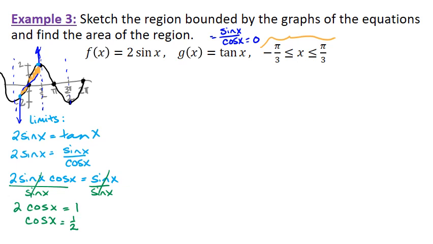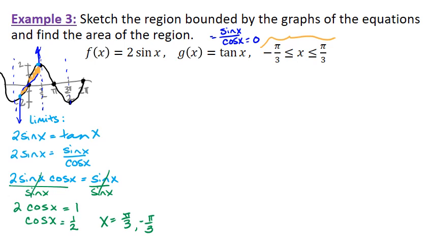Now you should know when cosine of x is equal to 1/2. I'm not sure how your comfort level is with trig, but if you need some help with that, let me know. Cosine of x is equal to 1/2 when x is pi over 3 or negative pi over 3.